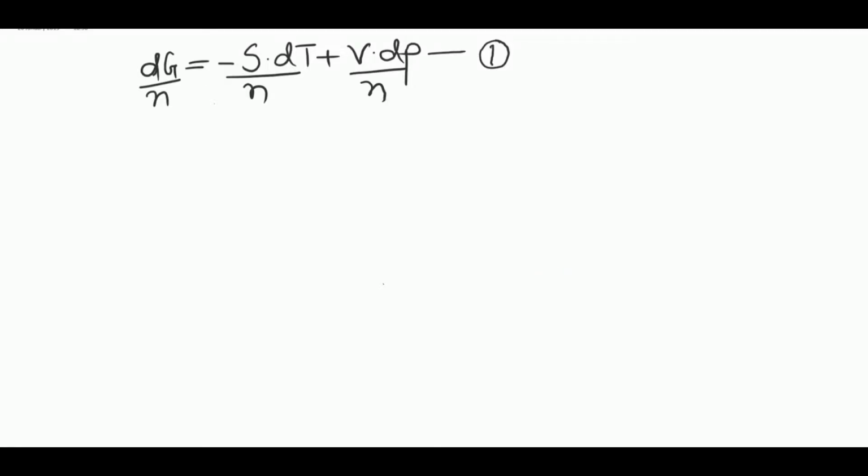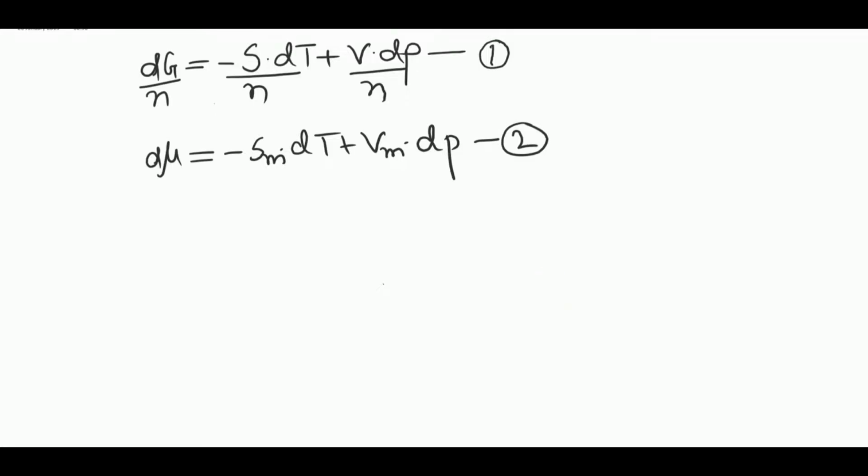The first quantity, which is Gibbs free energy per mole, is called the chemical potential of that substance, denoted as dμ, which is equal to molar entropy into dT plus molar volume into dP. Consider this as equation number 2.